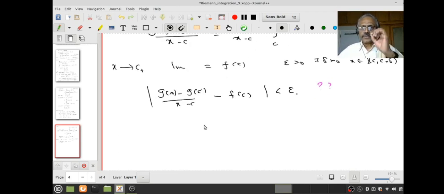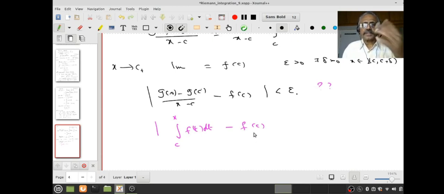This is where we are going to do a very important trick. Learn this trick very well. It will be very useful to you later. What is the trick? This fellow is the same as the integral c to x of f of t dt, an integral, whereas this is just f of c. The idea is that f of c also I want to replace by an integral.